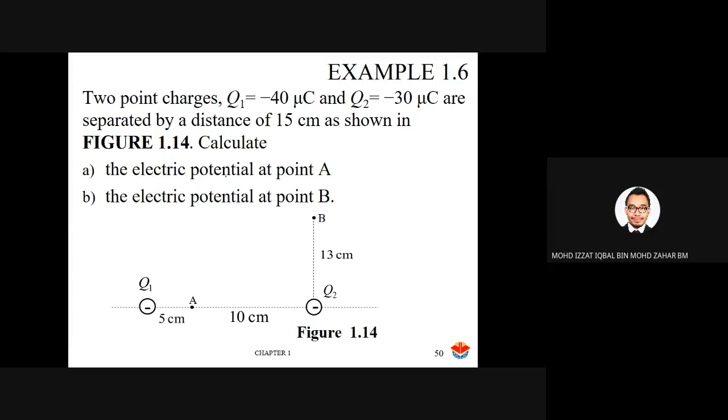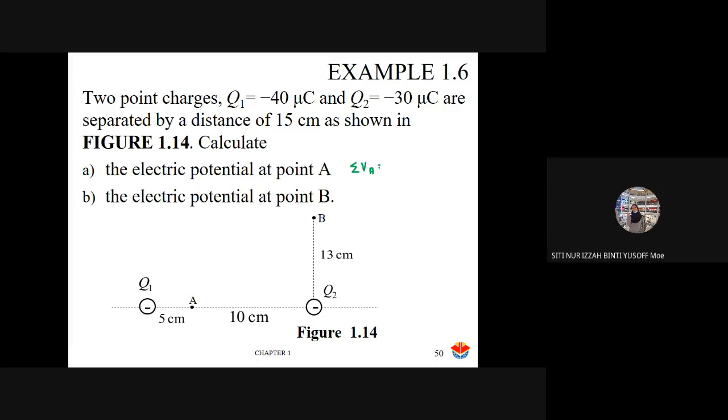So what you need to do, electric potential at point A is basically summation of all the potential at A. Now you have to ask yourself, how many charges are there in the diagram? Ada berapa banyak charge kat dalam diagram ni? Dua.